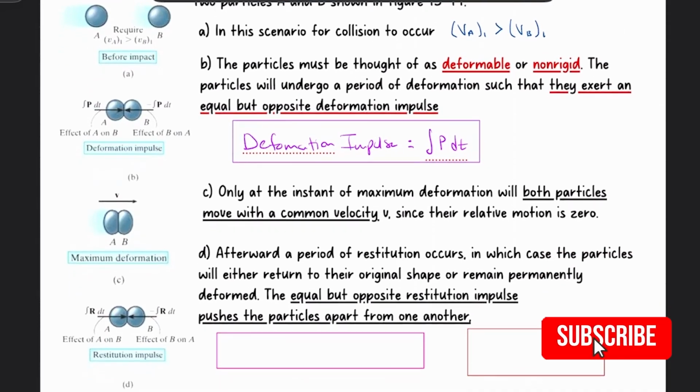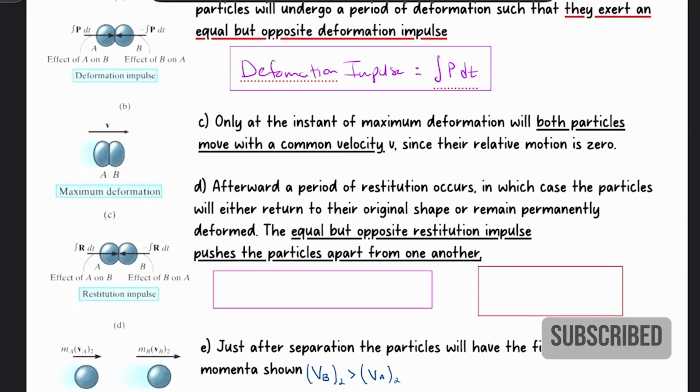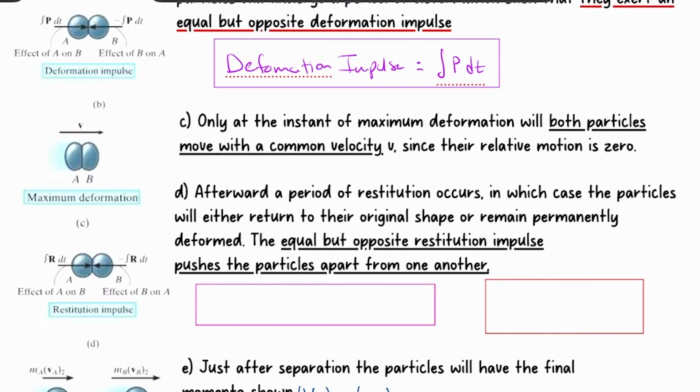As we move on, notice that the particles reach maximum deformation. Then there's a period of restitution, an impulse that now pushes them outwards, and that is what we're going to define as the restitution impulse.